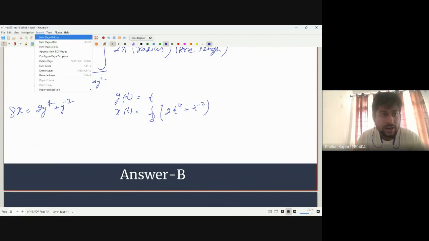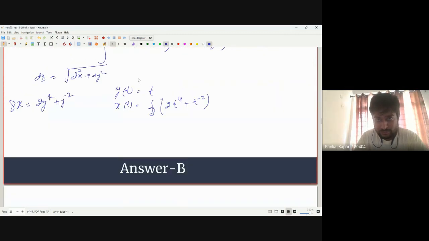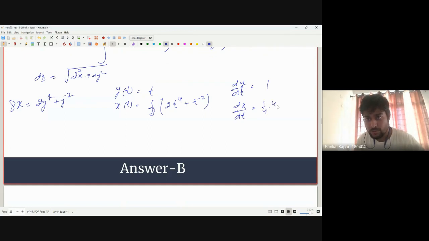Now you can find the arc length. So what is dy by dt? It is 1, and then we have to find dx by dt. So it is 1 by 4 into 4 t cube plus minus 2 into t to the power minus 3, hence t cube minus twice of t to the power minus 3.